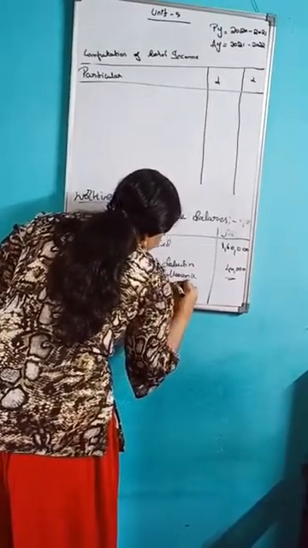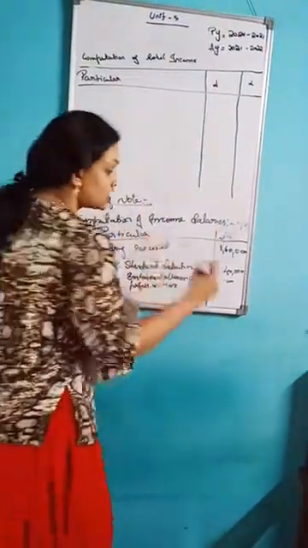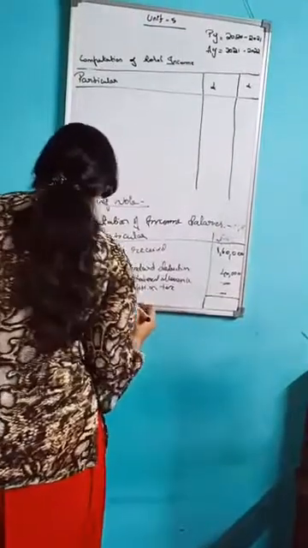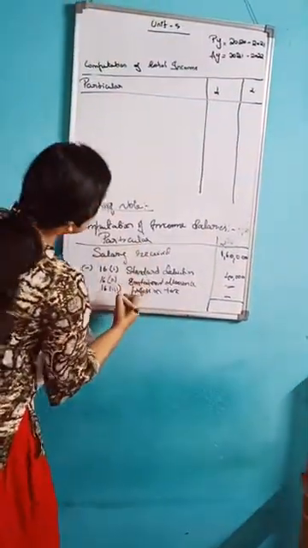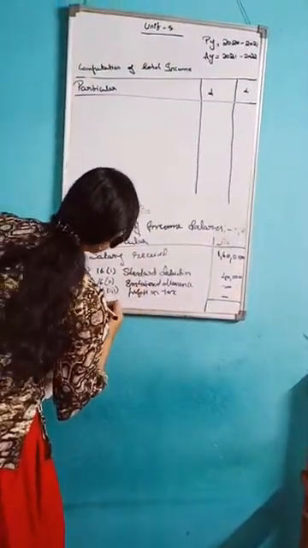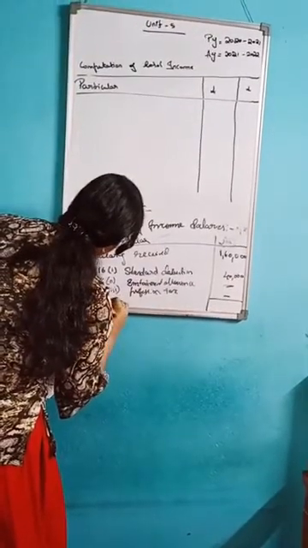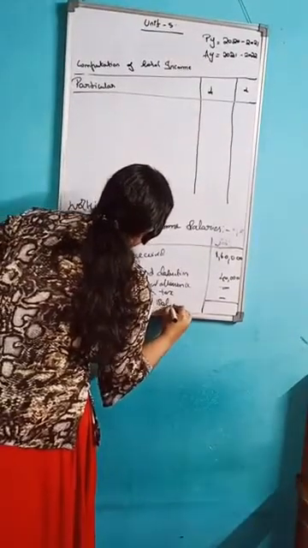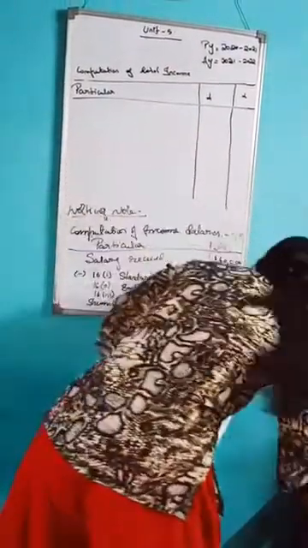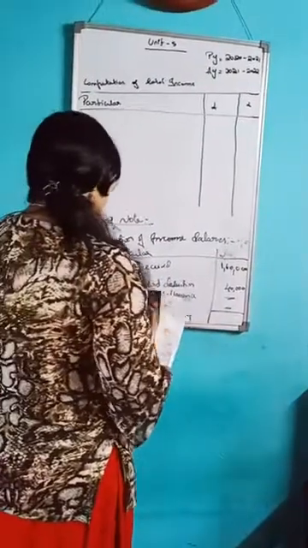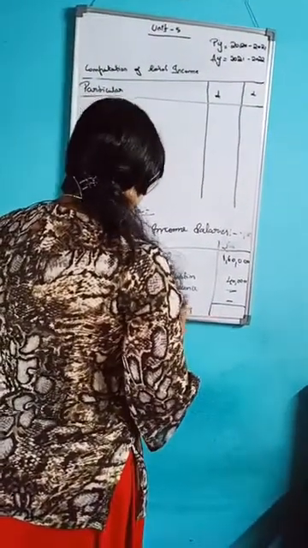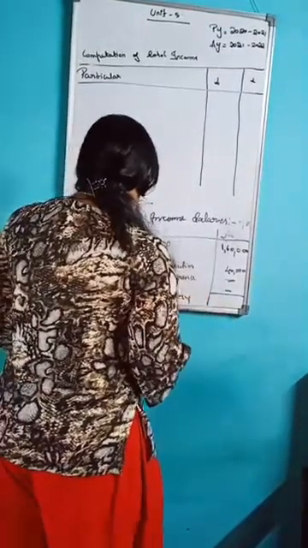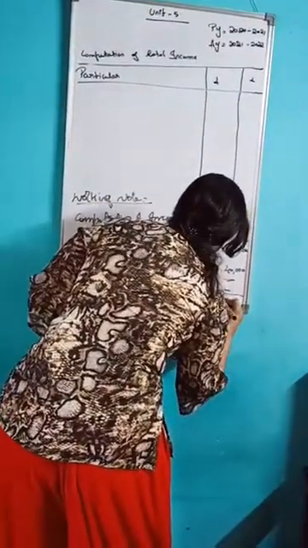In the question they did not mention any professional tax, so you should write nil. Then total it, that will come as income from salary. So your income from salary, you minus it: 1,60,000 minus 40,000, you will get 1,20,000.